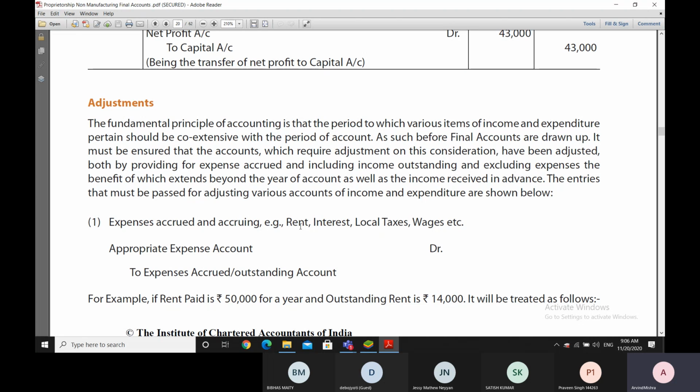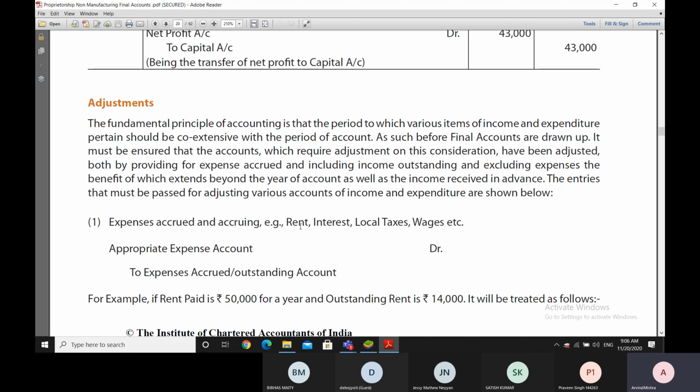So before we finally draw the final accounts, we have to ensure that those accounts which require adjustment on this consideration, means on the ground that whether that expenditure relates to that period only or not.